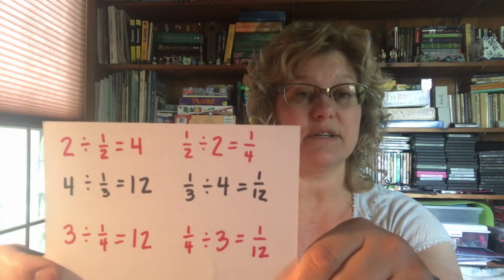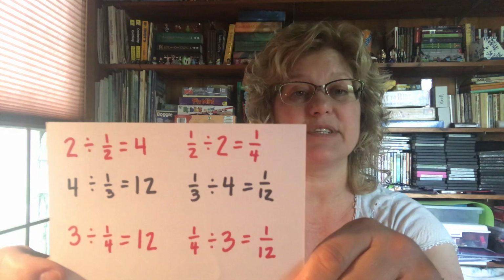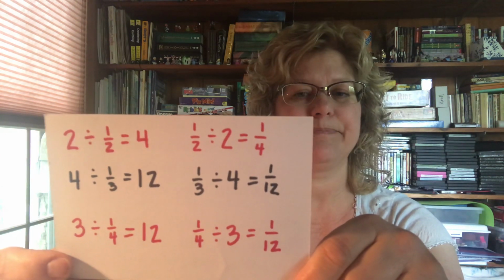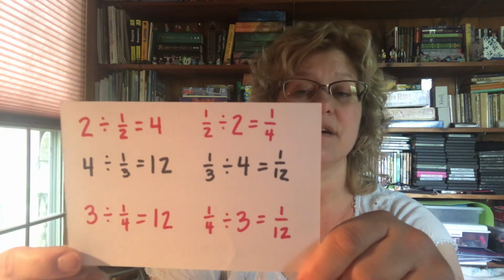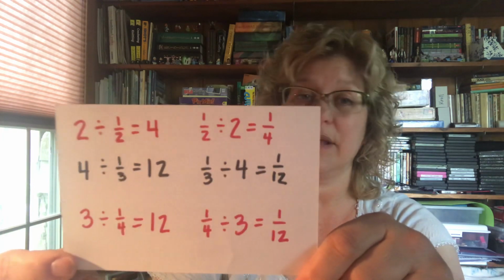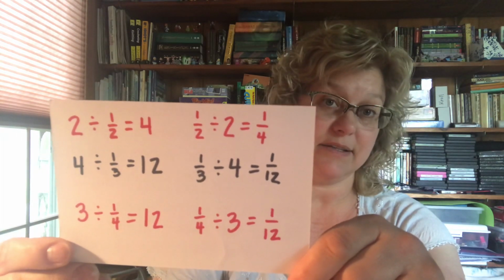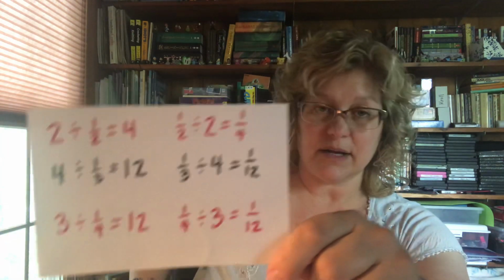Here's my first question. When is the quotient, or the answer, less than both of the numbers in the combination? And why is that the case? The next question I have is, when is the quotient greater than both of the numbers in the combination? And why is that the case? And then from this, I want you to take the big idea, because this is what it's all about.